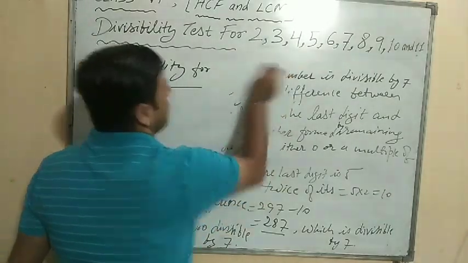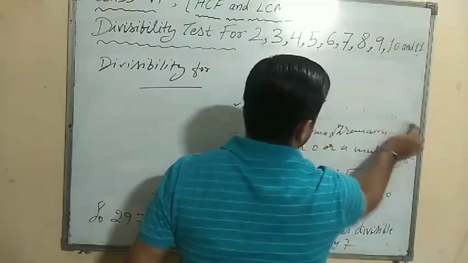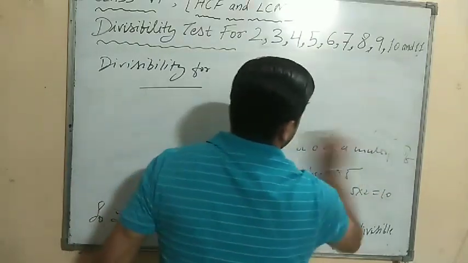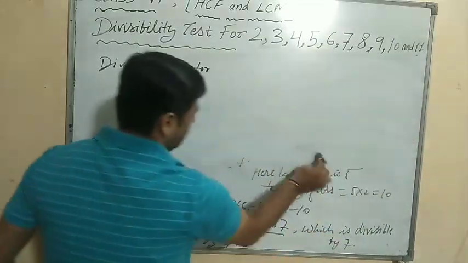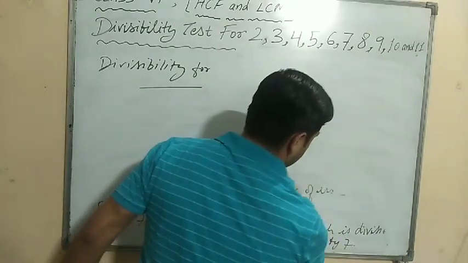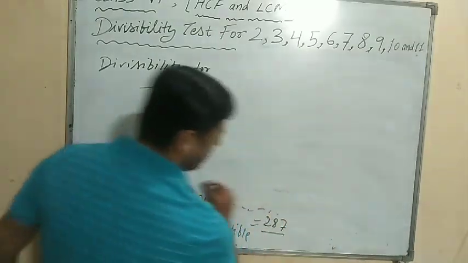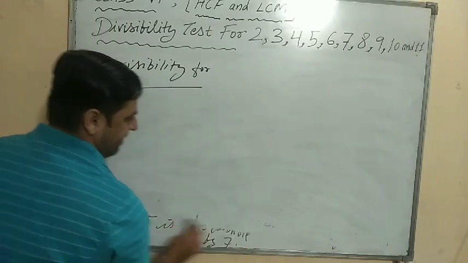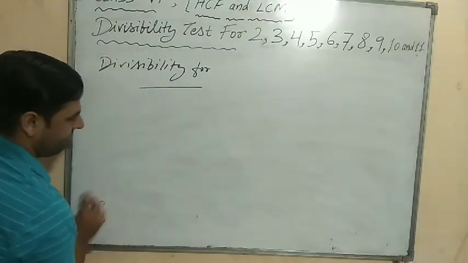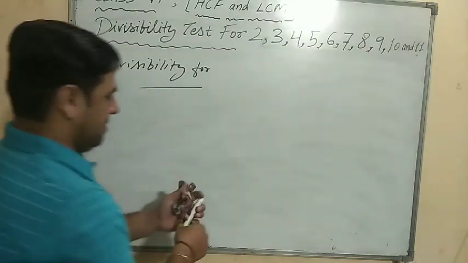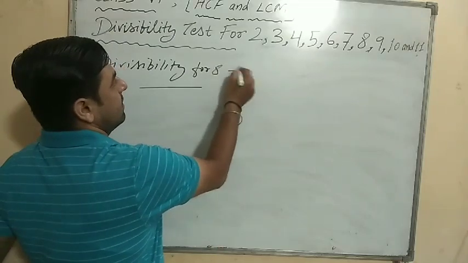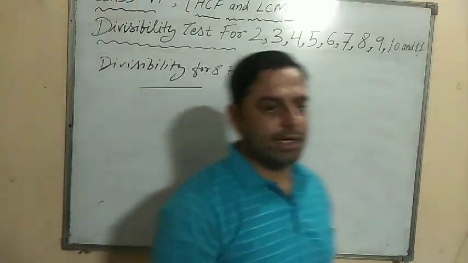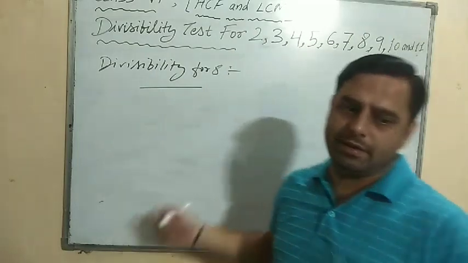Next is divisibility for 8. A number is divisible by 8 if the last 3 digits of a number are divisible by 8.